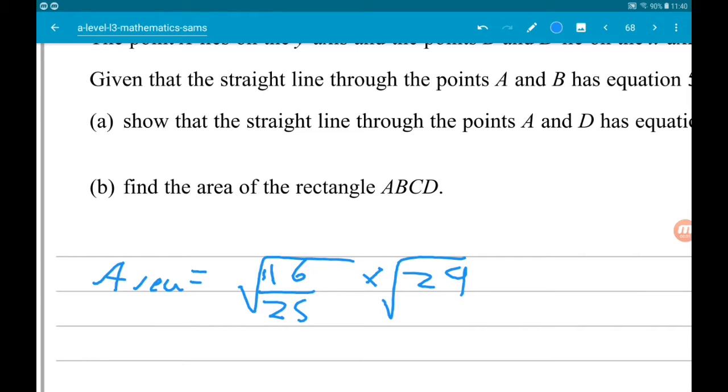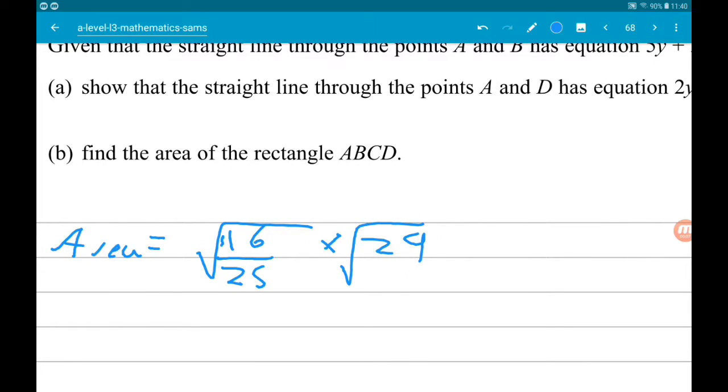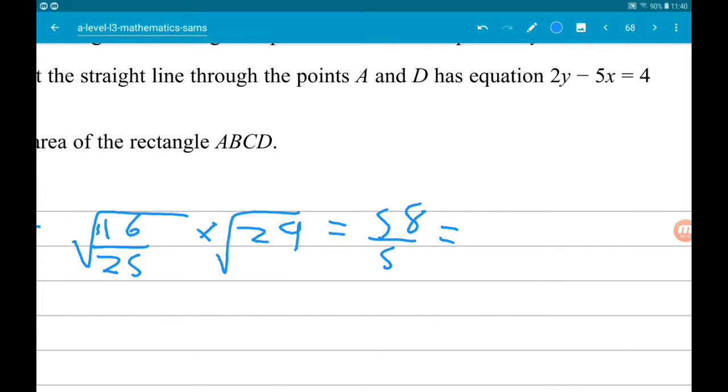Which actually works out a lot nicer than I expected. So that will give you 58 fifths, or 11.6. Boom.